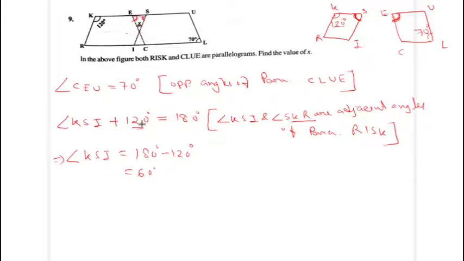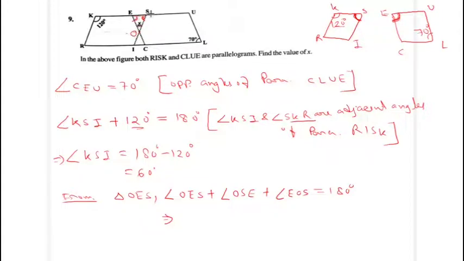Now we will name this point of intersection O. Now from triangle OES, what we will get? Angle OES plus angle OSE plus angle EOS equals 180 degrees.